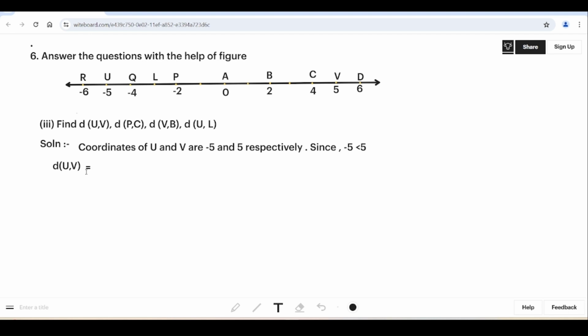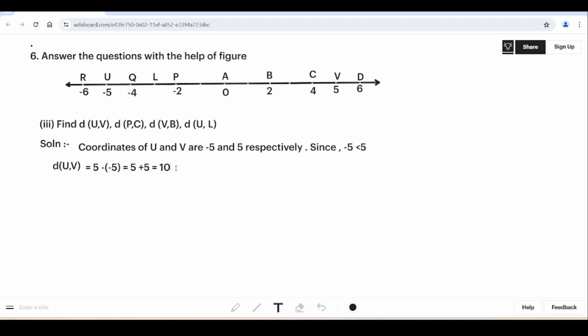It will be 5 minus -5, and that's equal to 5 plus 5, which is 10. So the distance between U and V will be 10 units. From 0 to 5 is 5 and this 5, in this 10 means our answer is correct.